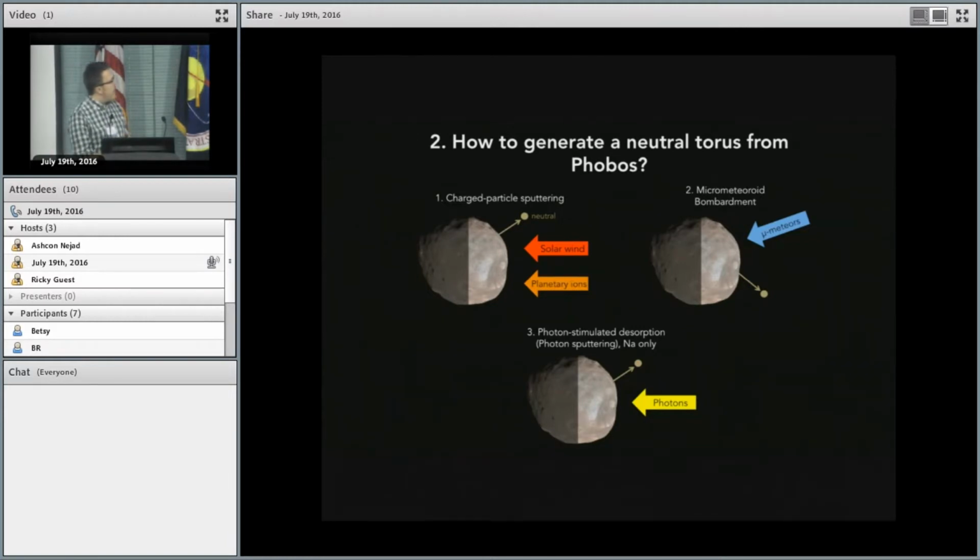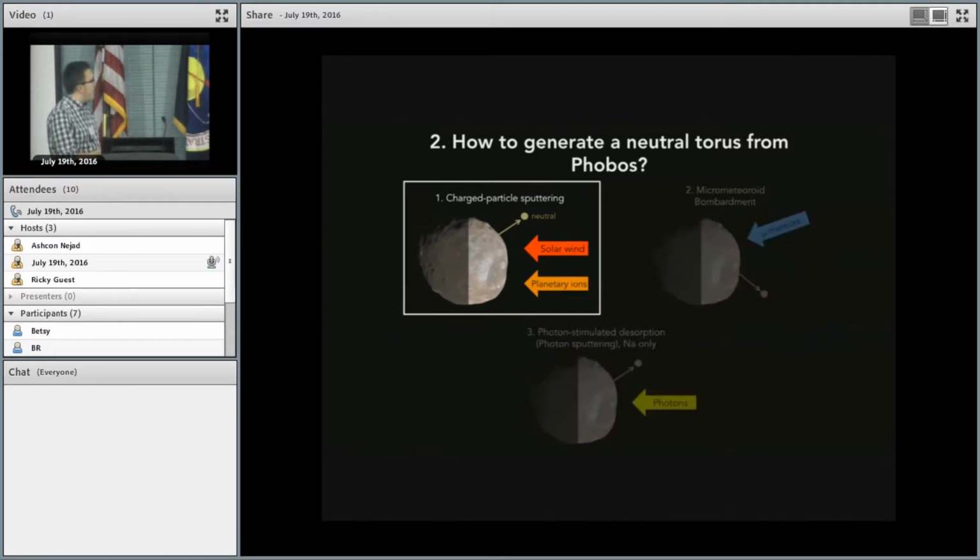You can also have micrometeorites that impact the surface. In addition to ejecting solid dust off, they will actually vaporize part of the surface, so you can get direct injection of neutrals from micrometeorite bombardment. And finally, a third mechanism is photon-stimulated desorption, or photon sputtering. The quantum mechanics of this mean that it's highly species-specific, and in fact, sodium and potassium as well are well known at the moon from this effect.